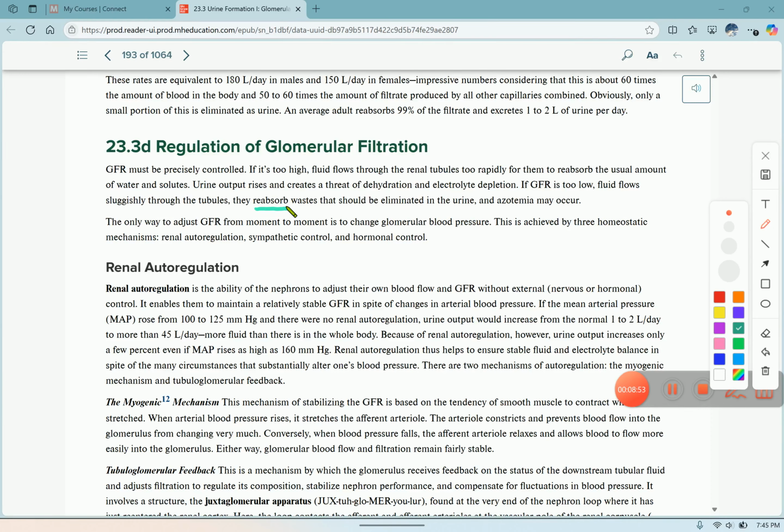So it's keeping the waste that should have otherwise been eliminated, and azotemia is what is going to occur. Okay, so the AZOT part is French for nitrogen, and emia means blood. So simply put, there's too much nitrogen in the blood, or azotemia.